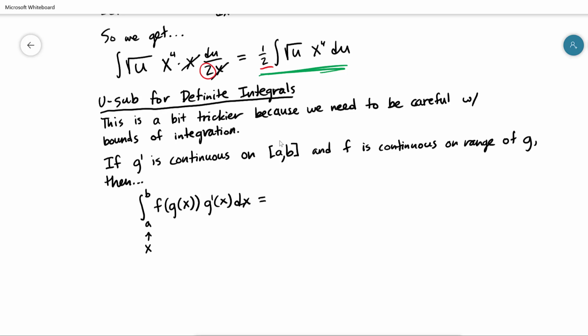What do we get when we do the U substitution? This is going to be equal to the integral of f of u du, and these bounds aren't a and b anymore. The bounds are instead g of a and g of b, which are values of u.